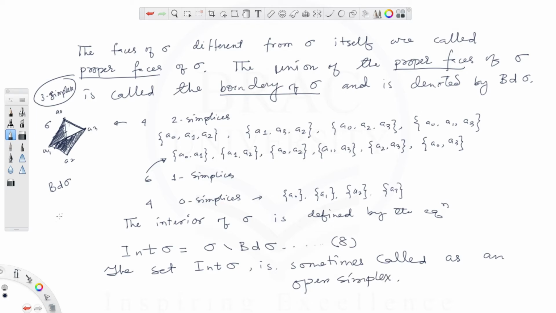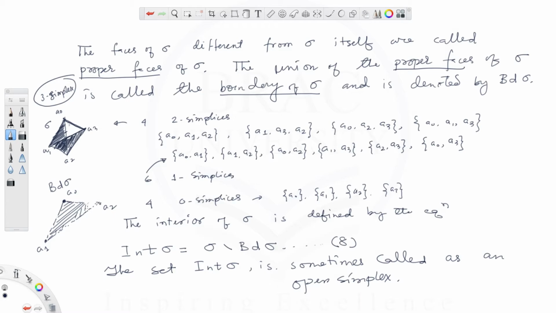Okay, so if you want to look at the story of a 2 simplex, which is the triangular region interior to these 3 lines joining the 3 vertices A1, A2, and A0, then the interior of this 2 simplex is this open triangular region, without the boundary.